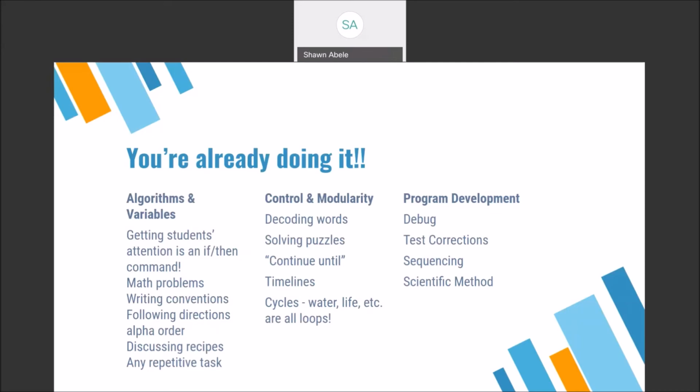So decoding words is a great example of the order in which things happen and specifying specific controls on how to do things. Solving puzzles, when you tell kids to continue until or don't do anything until, like Simon Says, that's a control and modularity. Playing Simon Says is control.